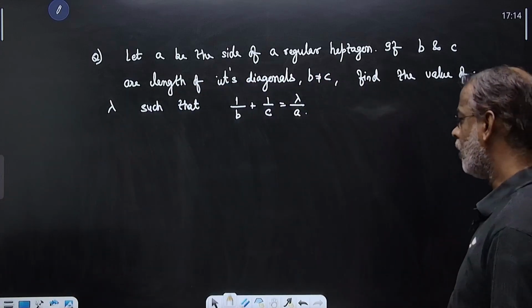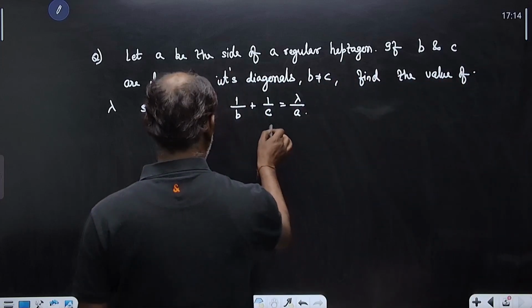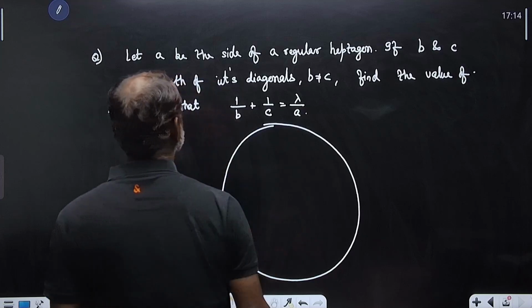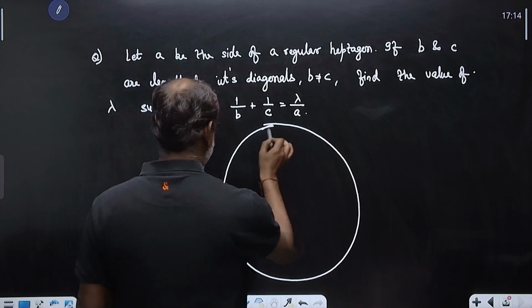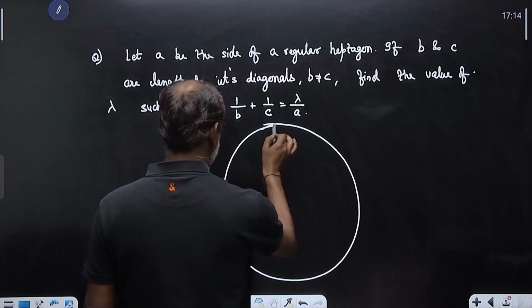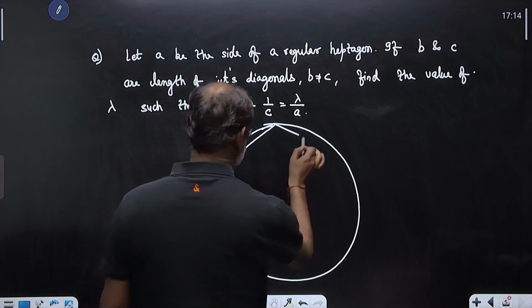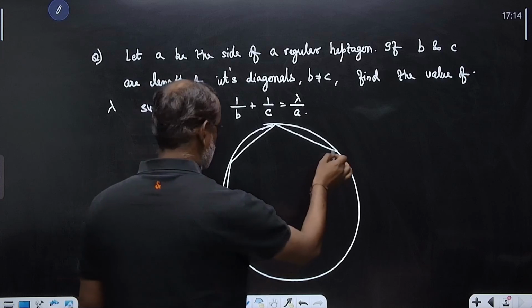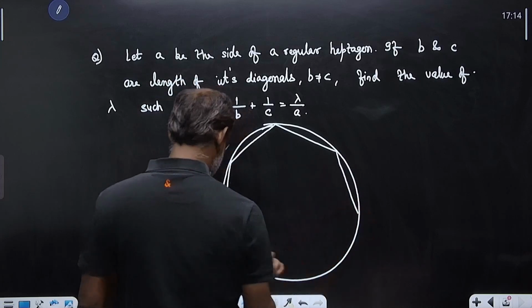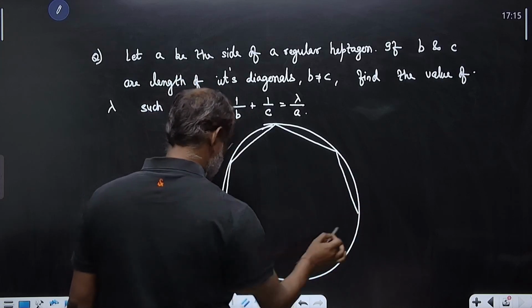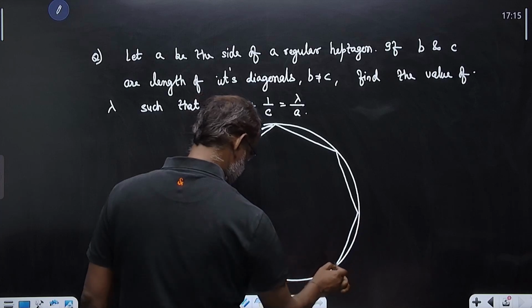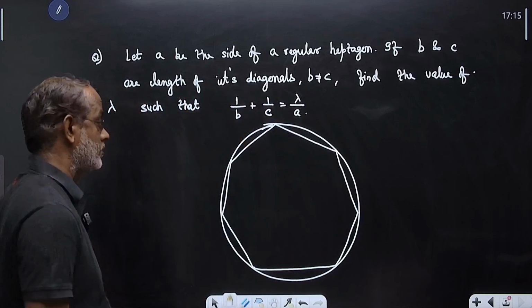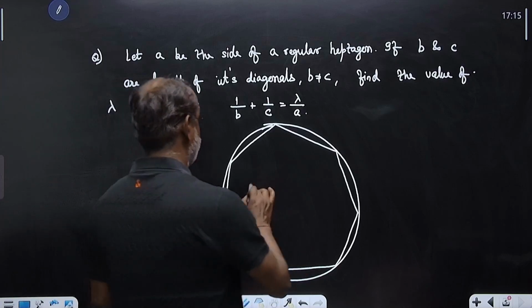Okay. Now you are given a regular polygon, a heptagon. Let me draw it. So this is a regular heptagon, suppose. Okay. So what are b and c?